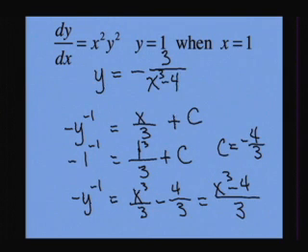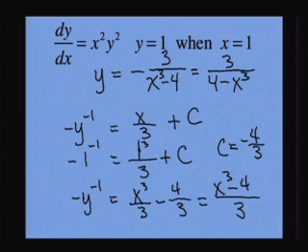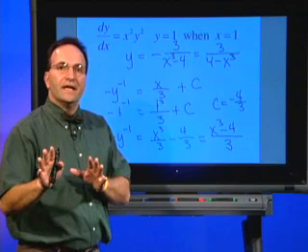And I suppose we could take it one more step and say that this would be equal to 3 over 4 minus x cubed.